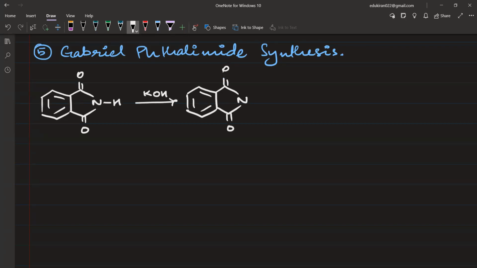Because you removed hydrogen, you will get a negative charge, and this K positive will be there as a salt to stabilize this negative charge. Now, once you have got this negative charge, I can add RX. RX will be any alkyl halide. Now this R has delta positive, nitrogen has delta negative, so it will attack on the R, and K will be replaced by R. So we'll have the same thing.